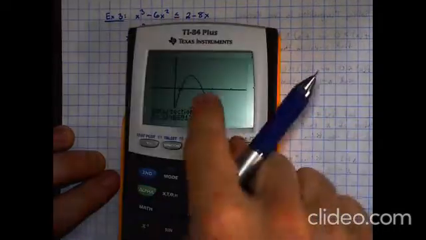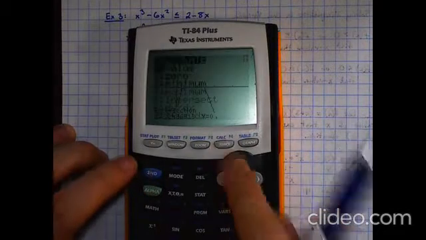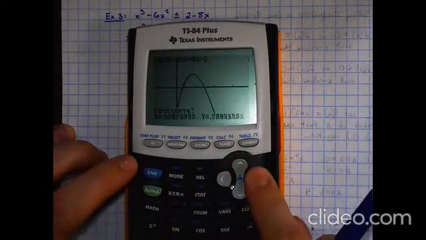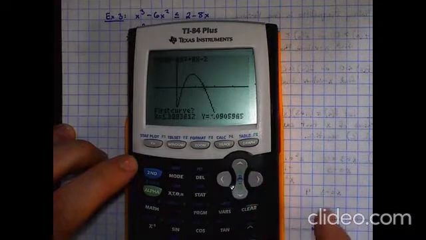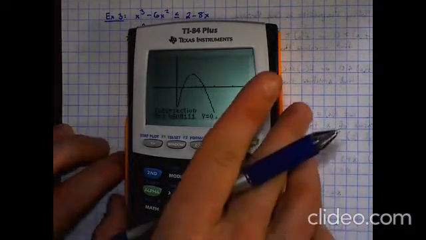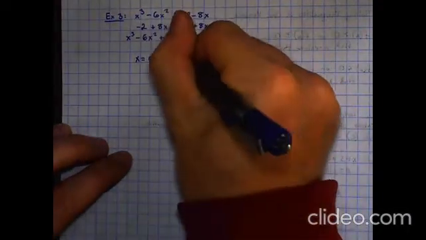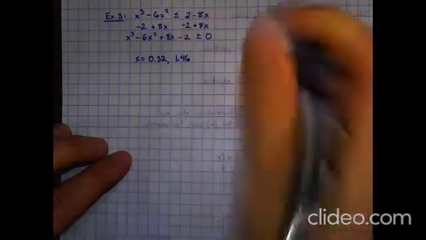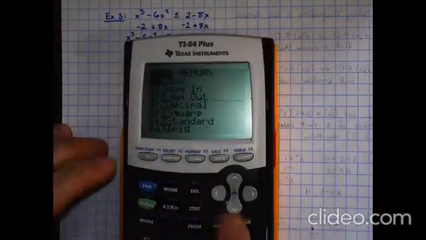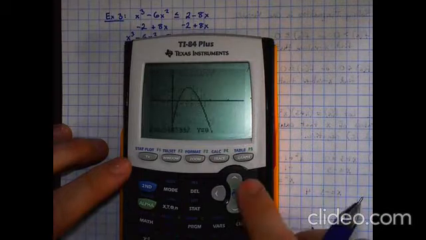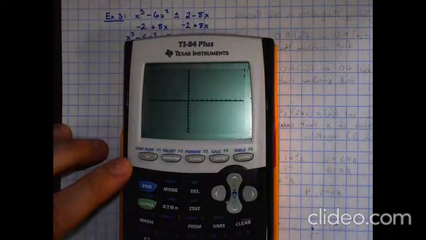Alright, now go ahead and get this other one too. Second trace 5. Enter, enter, enter. 1.46. And I gotta zoom back out to get that third answer.